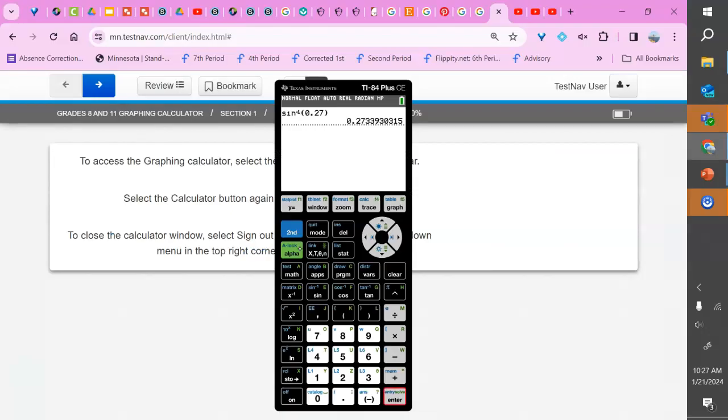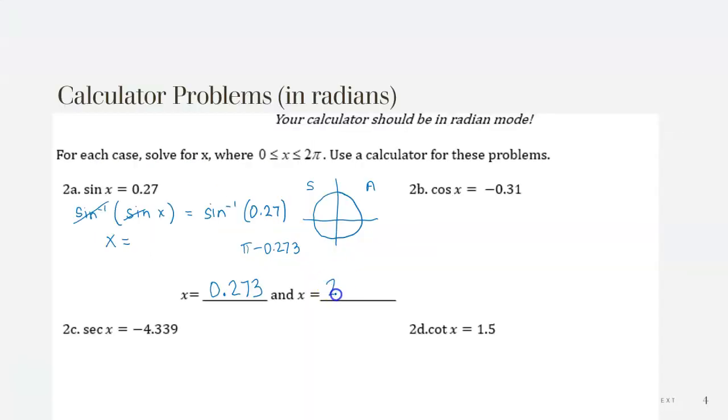On this calculator, I don't like retyping numbers, so I hit second answer, subtracting the answer from pi, and I get 2.868. 2.868 would be the other value of x.